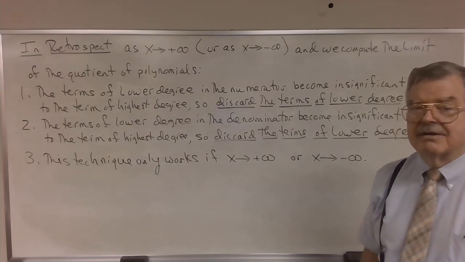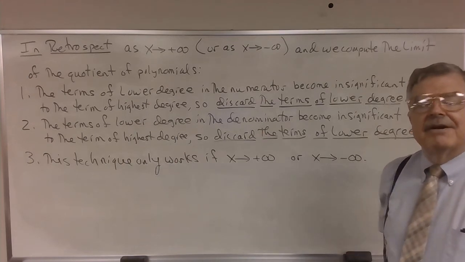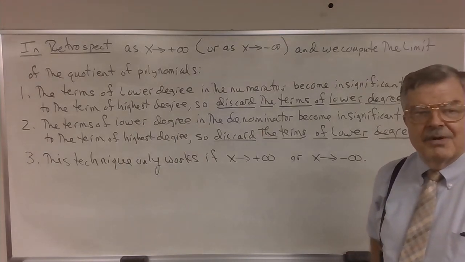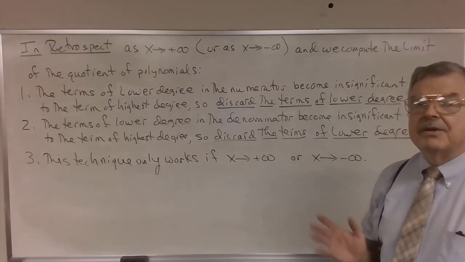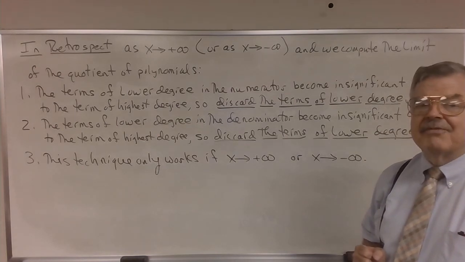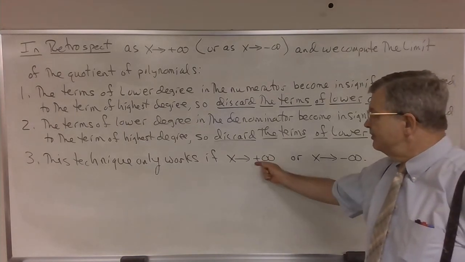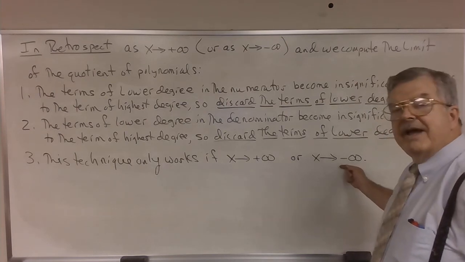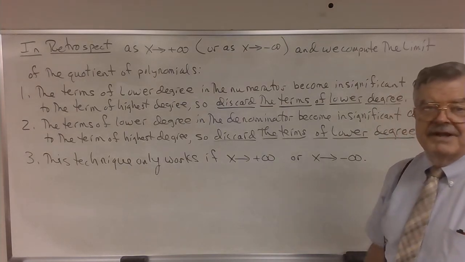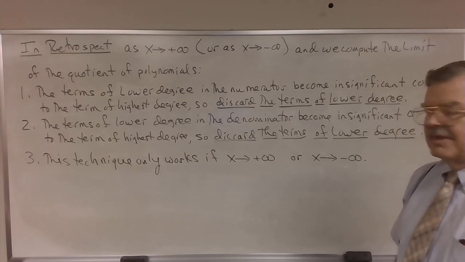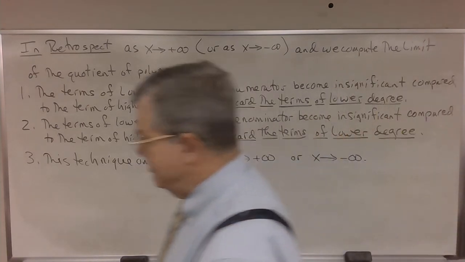It's not going to work. This trick of throwing away the terms of lower degree only works if we're computing the limit as x approaches plus infinity or x approaches negative infinity. Now, let's do another example.